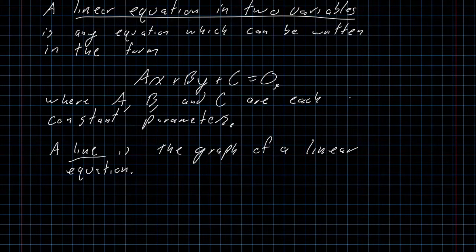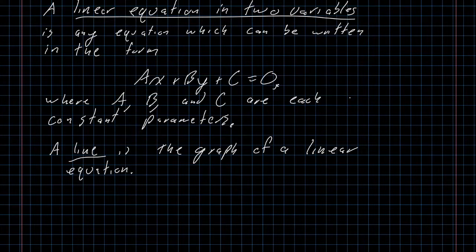And at first glance, nothing here should be surprising to you. But if you look a little bit closer, you may notice something subtly different about this definition than what you've seen in the past. You are, I'm certain, familiar with the fact that you can take a linear equation and you can graph it, and every time you graph it, you get a result that is a straight line.